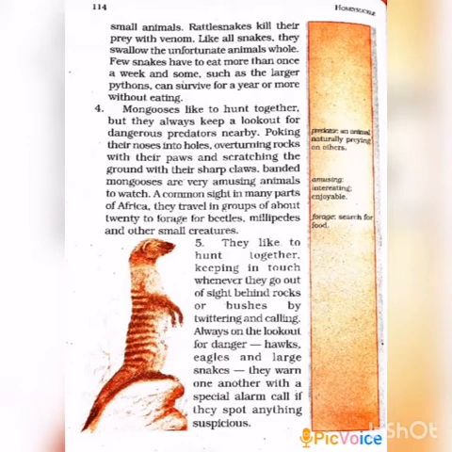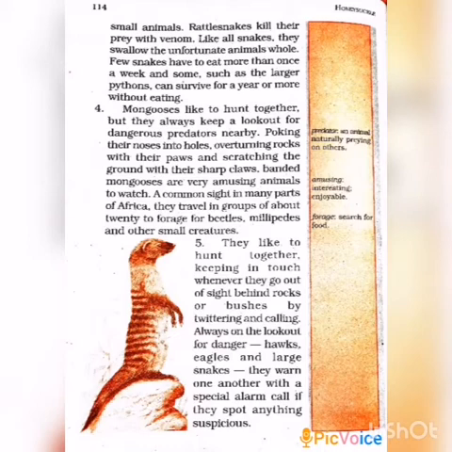Poking with its nose into the holes, overturning the rocks with the paws, and scratching the ground with the sharp claws. These are the characteristics of the mongoose, and it is a very amusing animal to watch. They can travel only in groups, and there are so many areas where we can see mongooses.